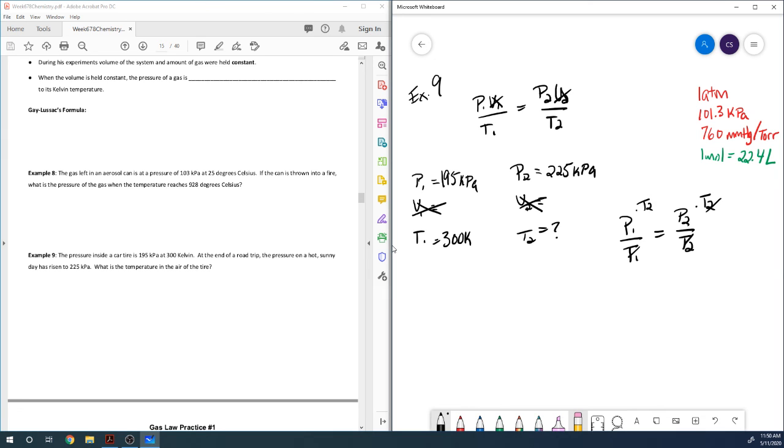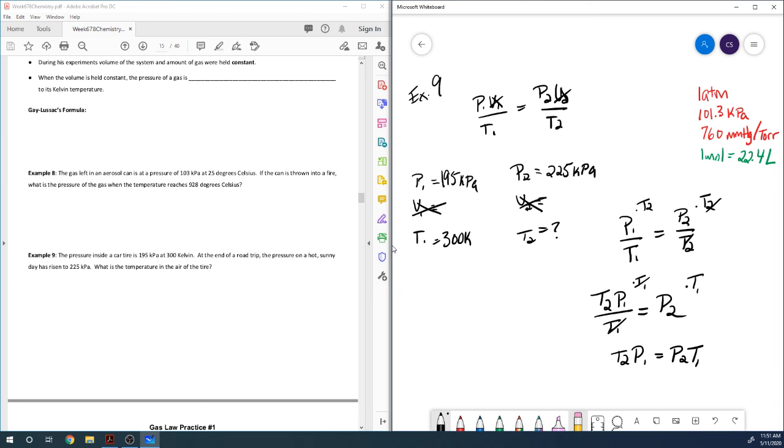Sorry, I didn't mean to cross that out. So we should have T2 equal to P2. Now we multiply this by T1. This one is longer, okay, obviously. This cancels out. So now we have T2, P1, P2, T1.